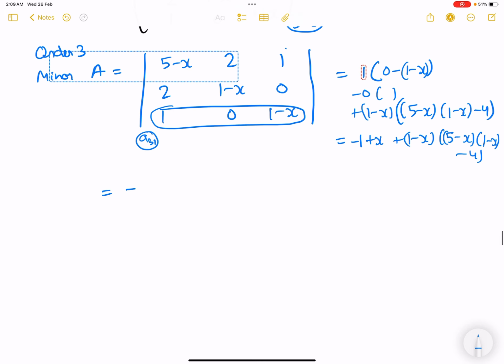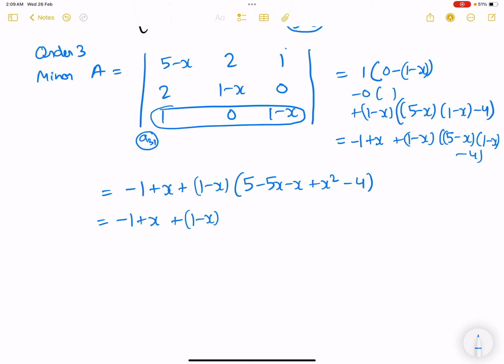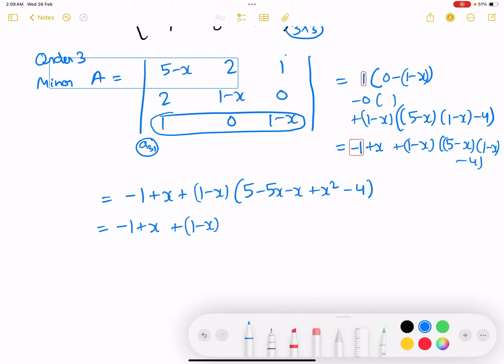If we solve this, we'll get 1 plus x plus (1 minus x) times (5 minus 5x minus x plus x square minus 4). Okay, so 1 minus x you can take common.